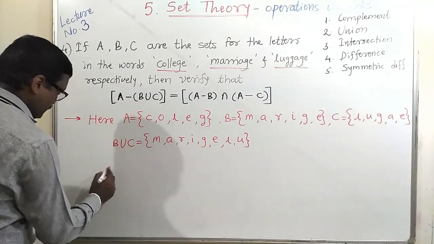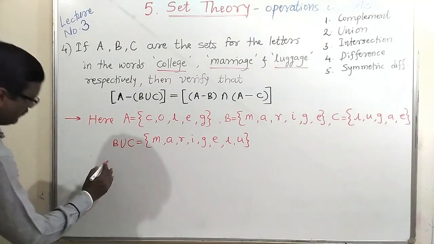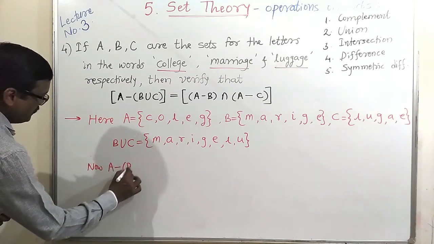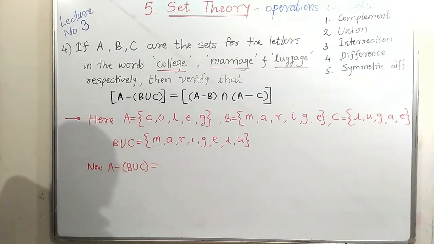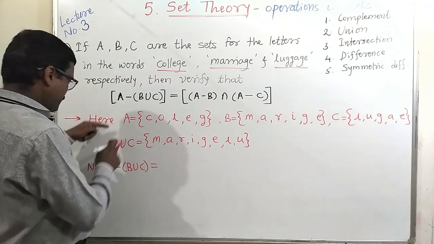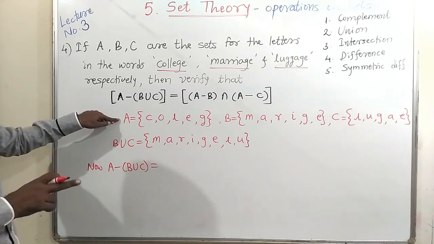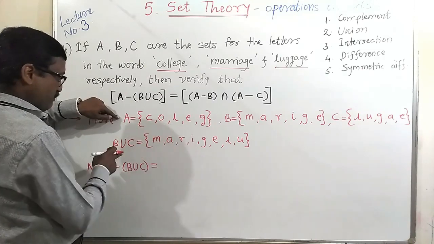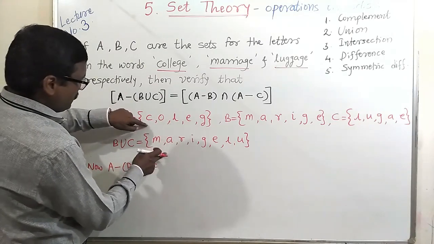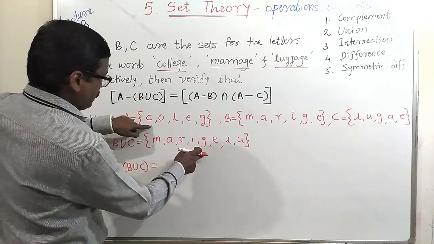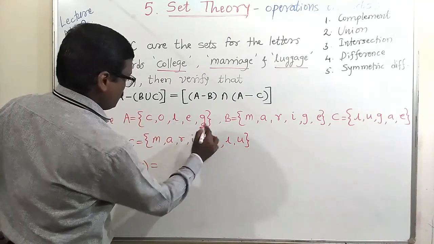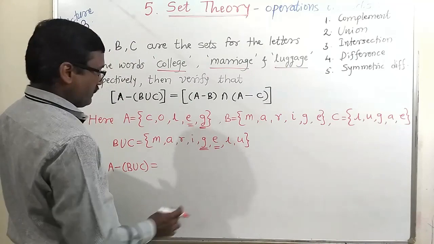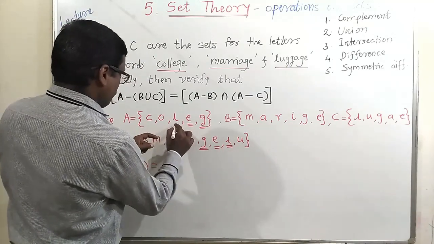Then A difference B union C. Without drawing a Venn diagram, we are finding this. Now A difference B union C means the elements belonging to A only, but we have to eliminate the elements from A which are in set B union C. So the common elements from these two sets are G, E, and L. G is common in these two, E is also common, L is also common.